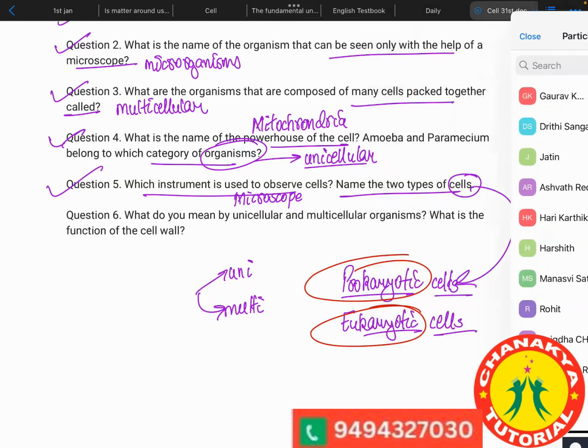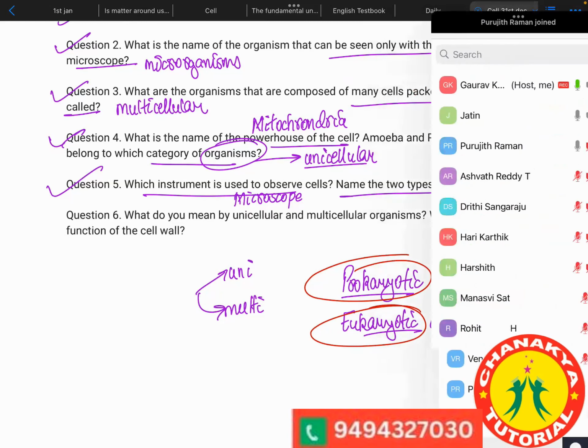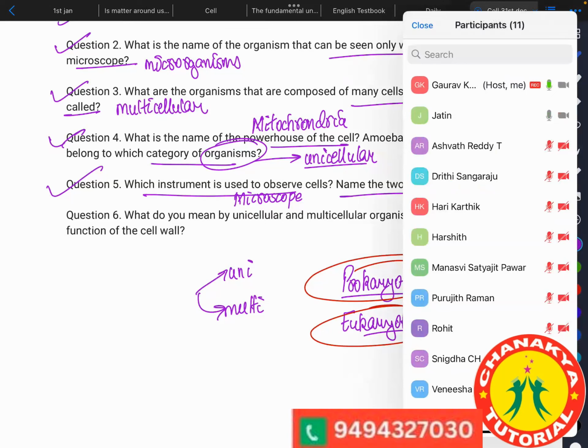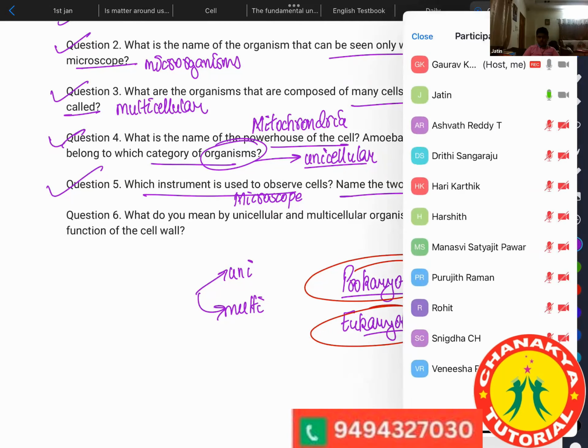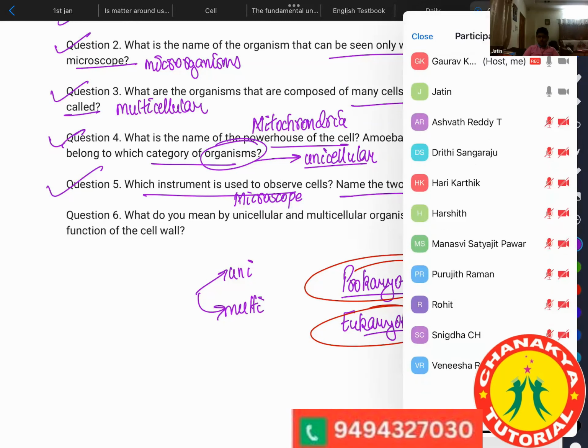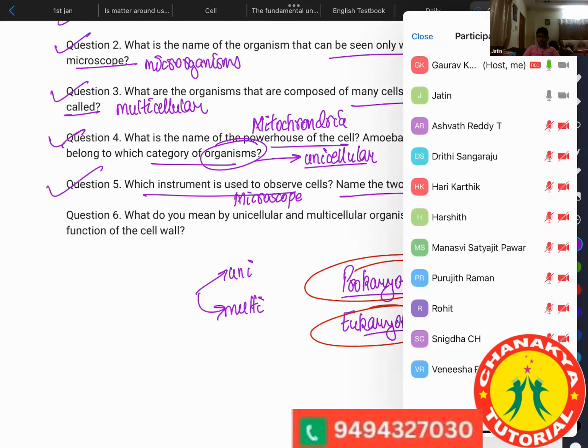Now, Vinisha, you can tell me what is the function of the cell wall? I really don't know. Okay. It is the protection of the cell.